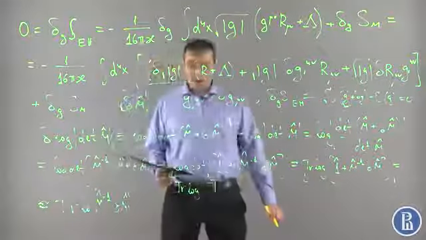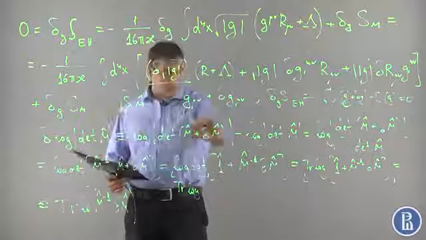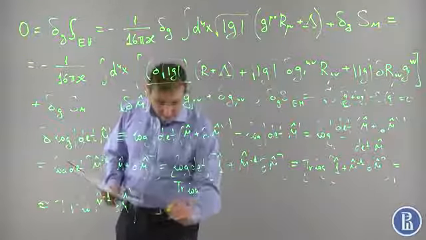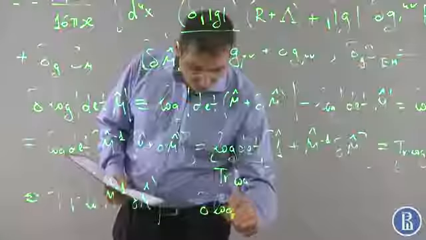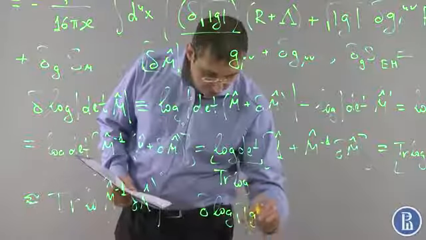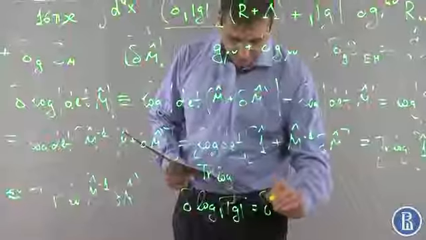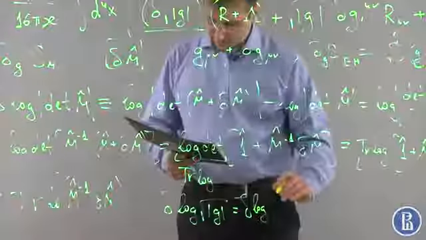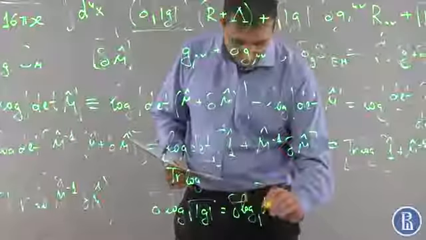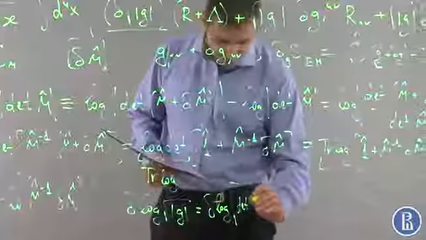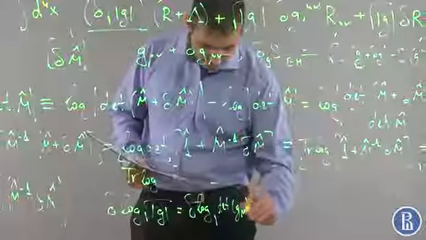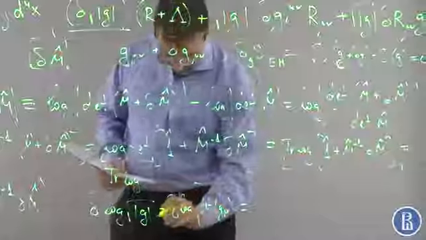So let us apply this expression to the variation of the log of the square root of g. This is just the variation of the log of the square root of the determinant of g mu nu, by definition.